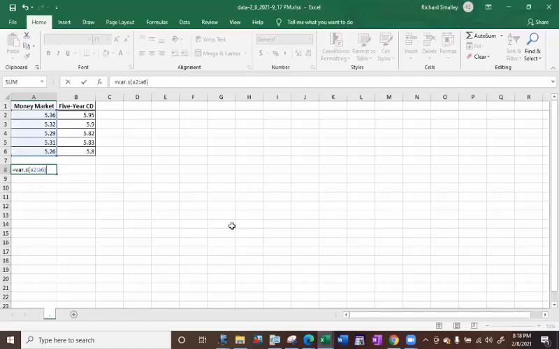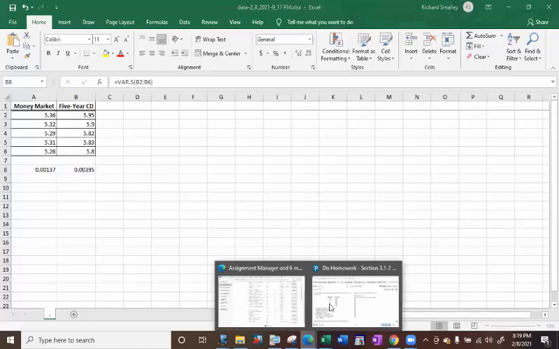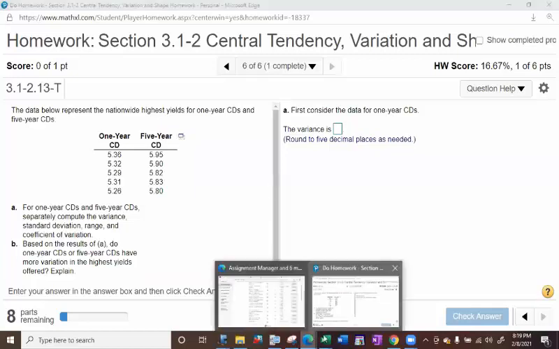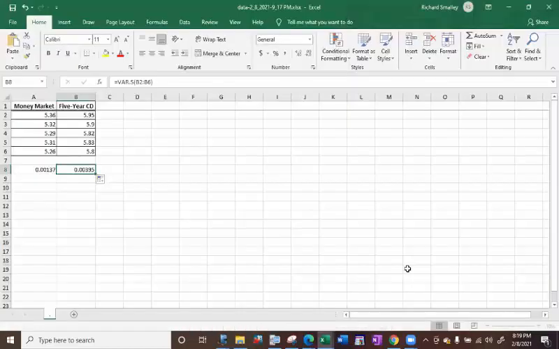And since I'm not using the dollar signs to lock in any of the cells, I can just grab the corner of it and drag it over, and it'll do the same command for the next column. Isn't that exciting? So 5 decimal places. Zeros, all of them, at 00137.